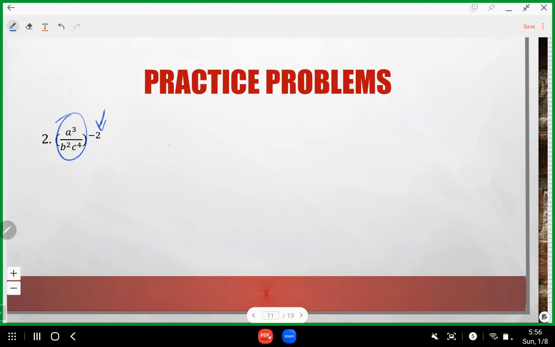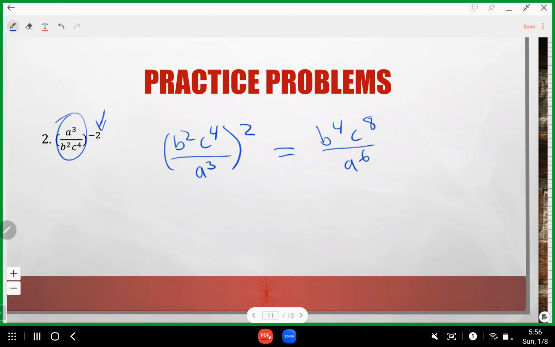So now the b squared c to the fourth is on top and a cubed is on bottom, and this is a positive 2 now. So then you can very easily see that your answer is going to be b to the fourth, c to the eighth, over a to the sixth. Or you can just multiply it out beforehand.